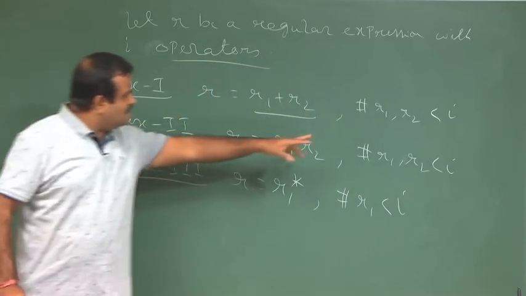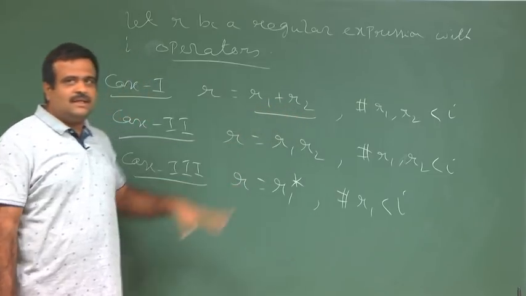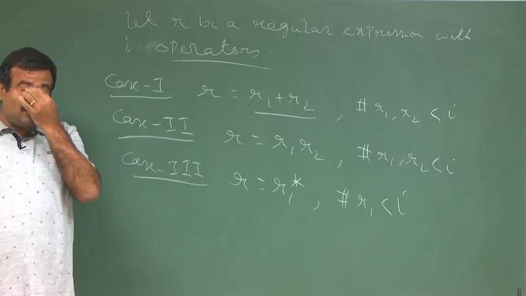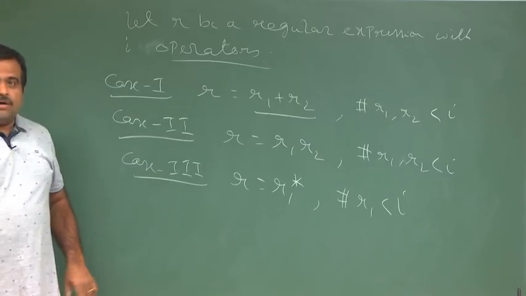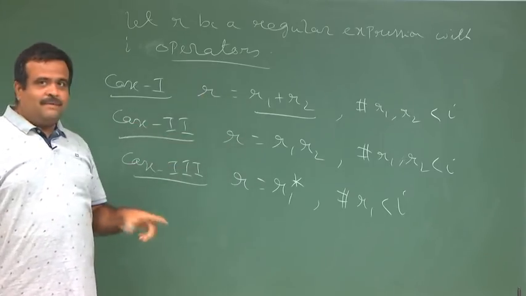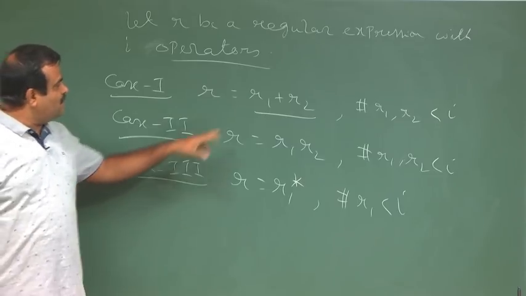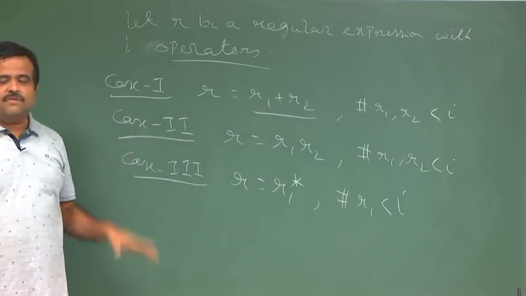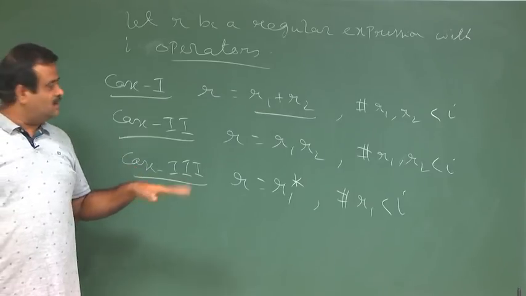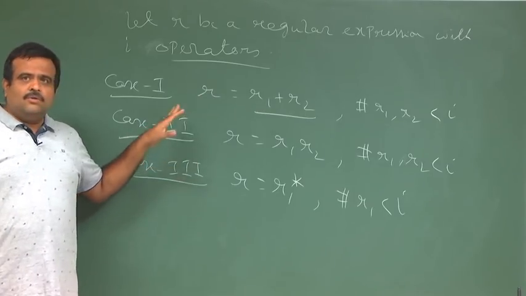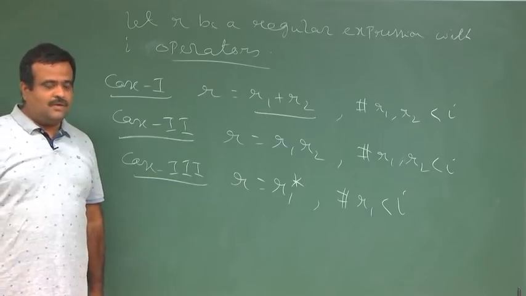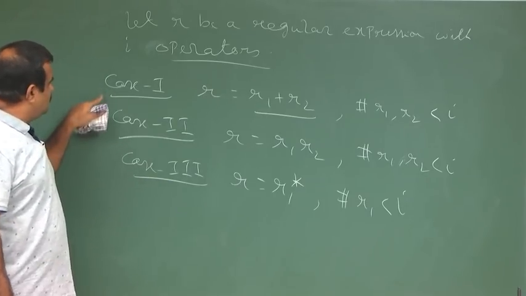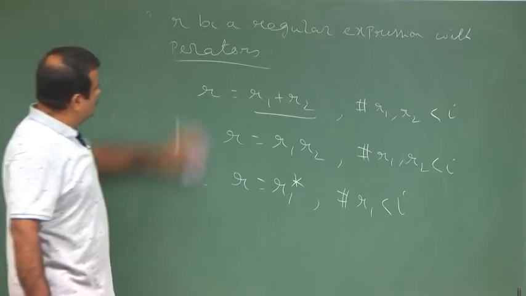So, these are all less than I. So, if the number of operators in any regular expression is less than I, then we have a hypothesis that we have an ε-NFA for that. So, that means we have ε-NFAs for R 1 and R 2 for each of these cases. Now, from that we need to construct an ε-NFA for R for each of the cases. Okay. So, let us try that one by one. First, we will take case 1.